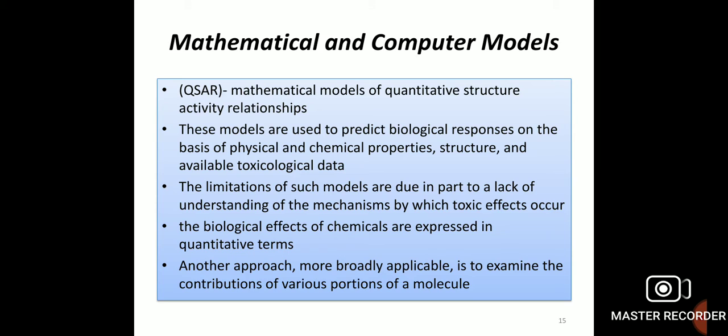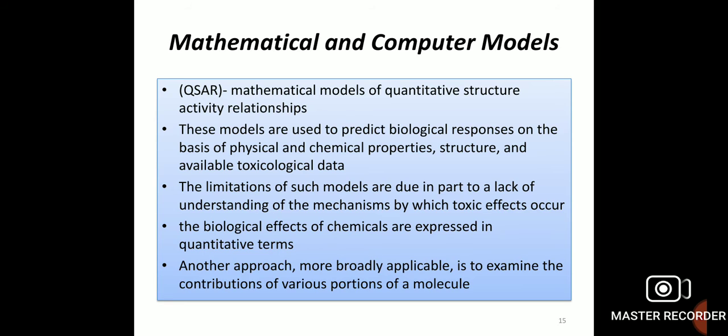So what are mathematical and computer models? One is QSAR, the mathematical models of quantitative structure-activity relationship. These models are used to predict biological responses on the basis of physical and chemical properties, structure, and available toxicological data.